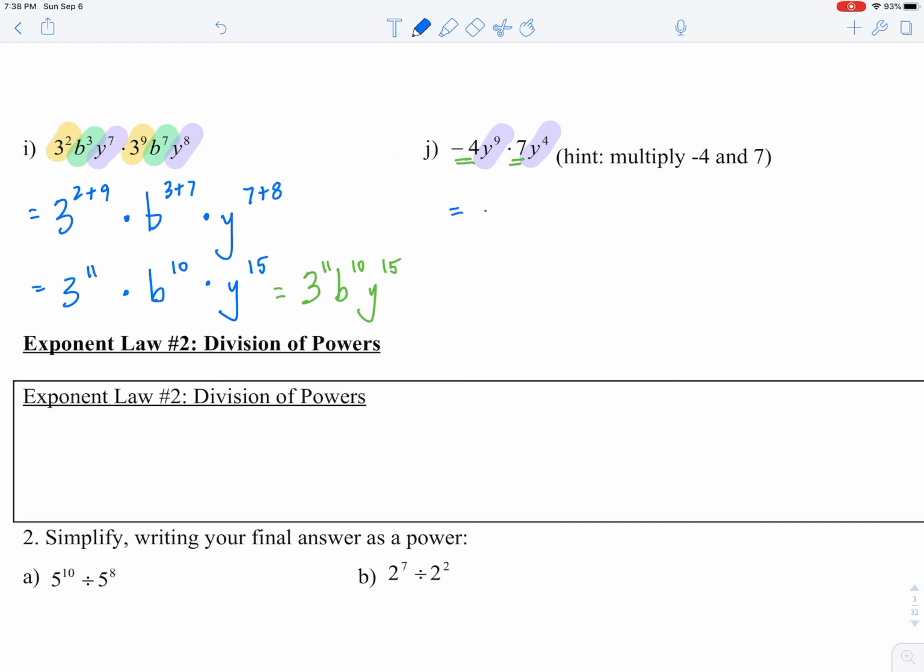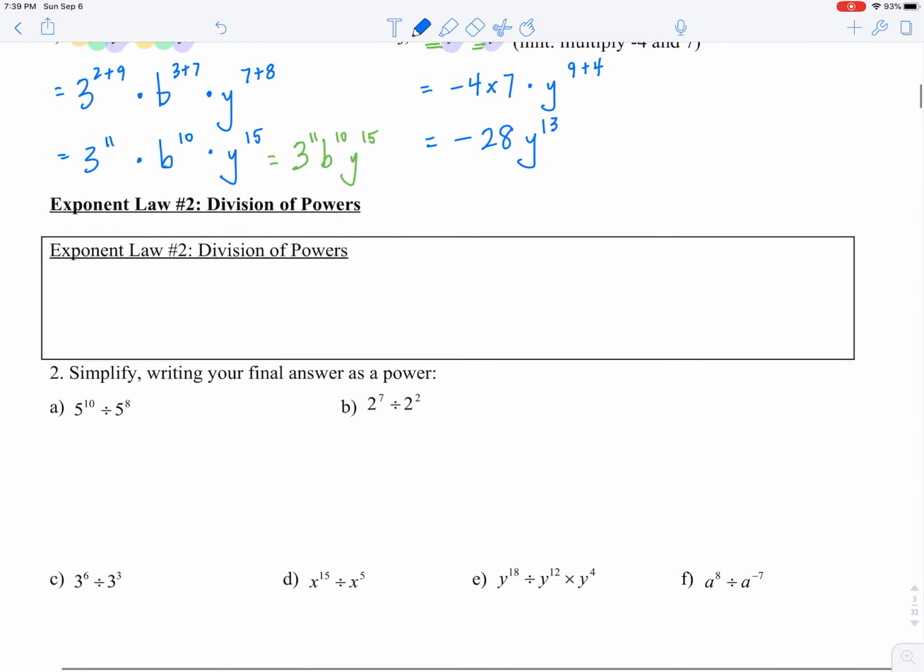So it'd be the same as minus 4 times 7. That's going to be out front. And then I'm going to be times by y to the 9 plus 4, which would be the same as minus 28 y to the 13. So that was exponent law 1 and the multiplication of powers.